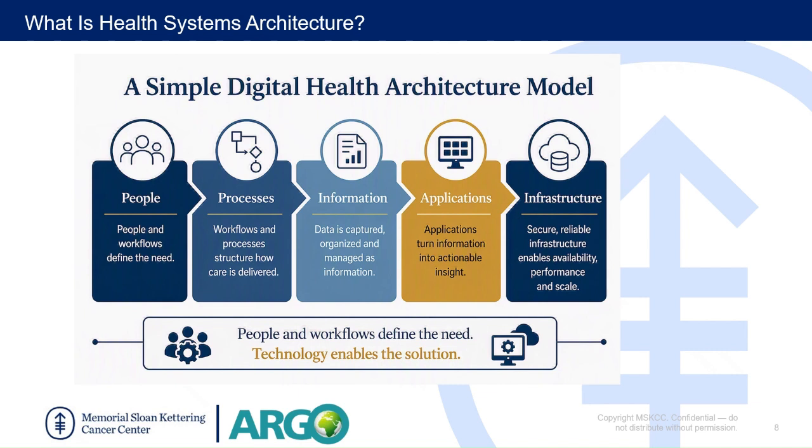Digital systems should improve and standardize these workflows. But if they are bad workflows in the first place, automation is not going to make them efficient. All you will be doing is automating inefficient workflows.